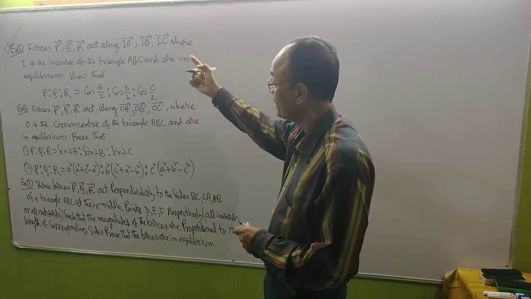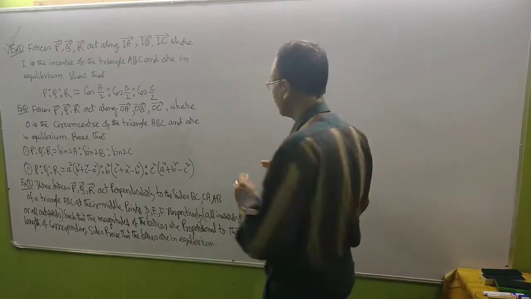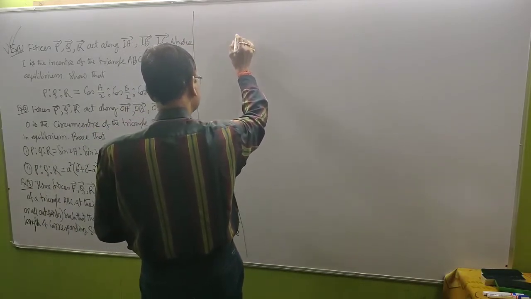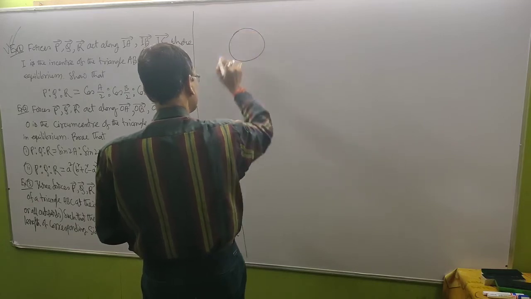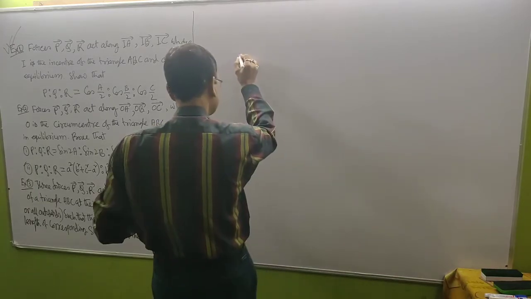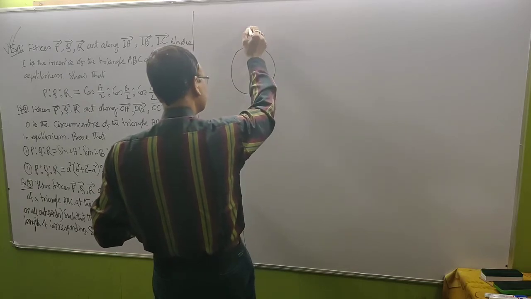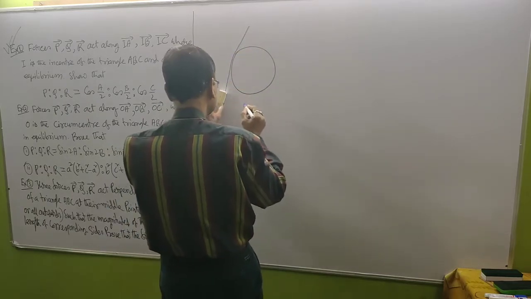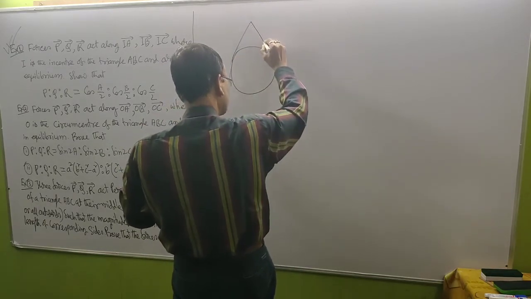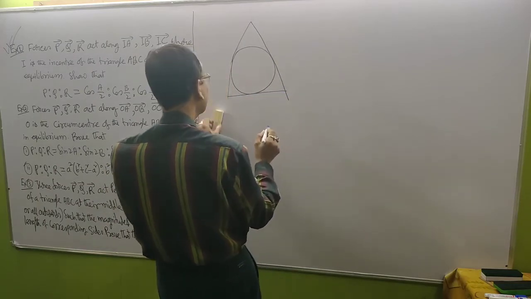act along IA, IB, IC, where I is the incenter of the triangle ABC. Let me write like this.